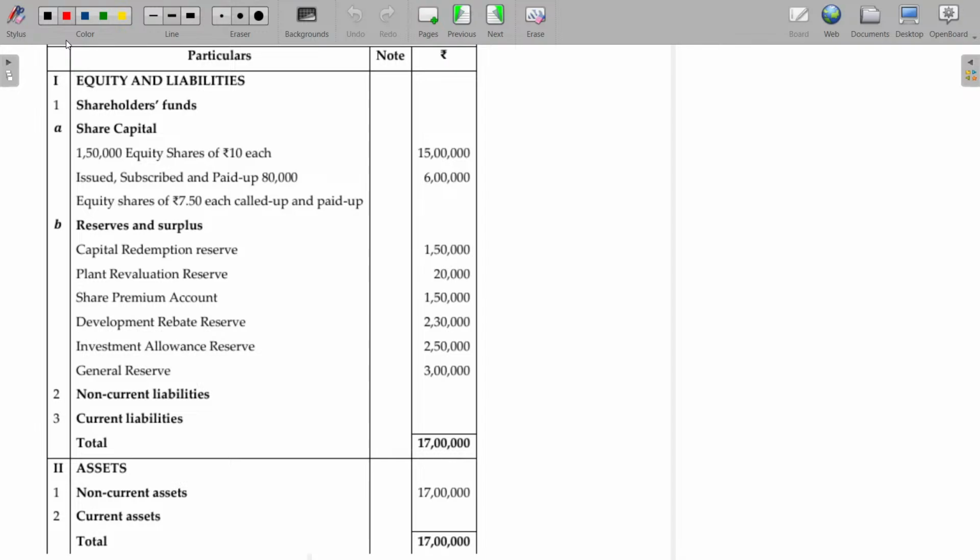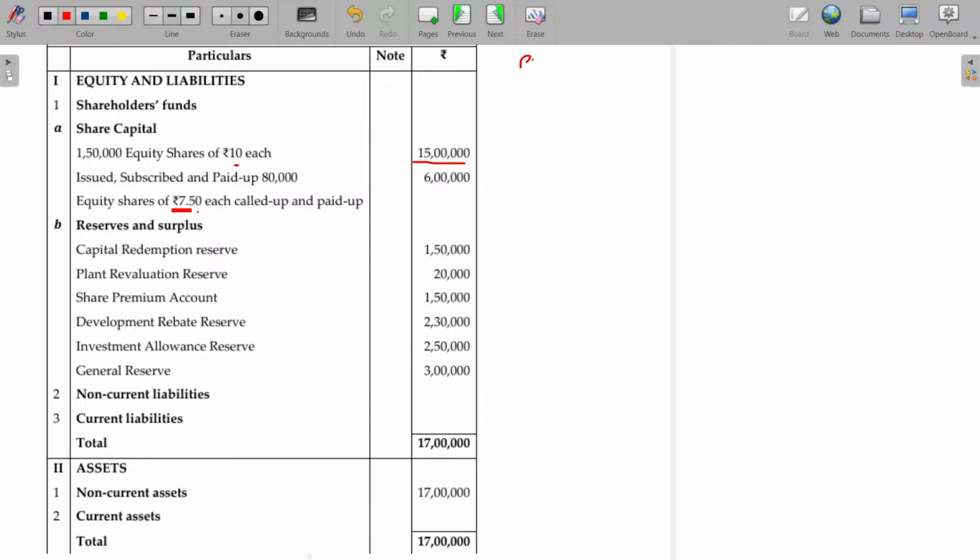Now currently what we have? 7 rupees 50 paise for 10 rupees share. This is authorized capital. So you have to convert this first of all into fully paid up share. 7 rupees 50 paise share is partly paid up, 10 rupees share, 7 rupees 50 paise is paid.